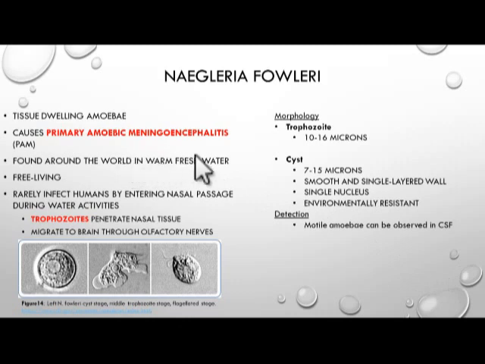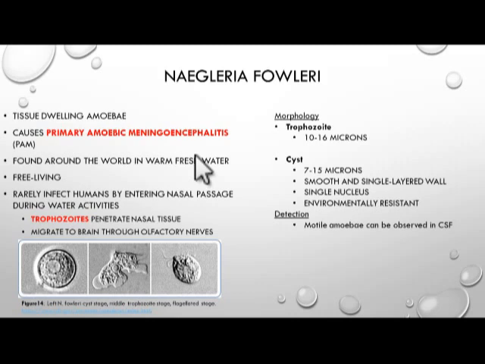It's rarely seen in humans because the organism does not require humans to live off of. It is a free-living amoeba, which just accidentally serves as hosts for humans when swimming in lakes and shallow rivers during warm months when the water level is low.